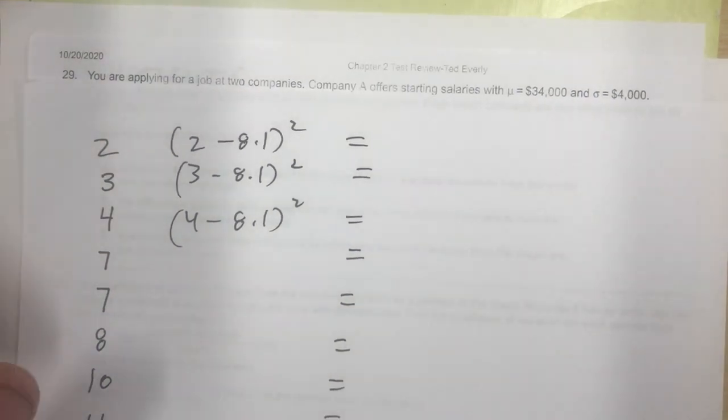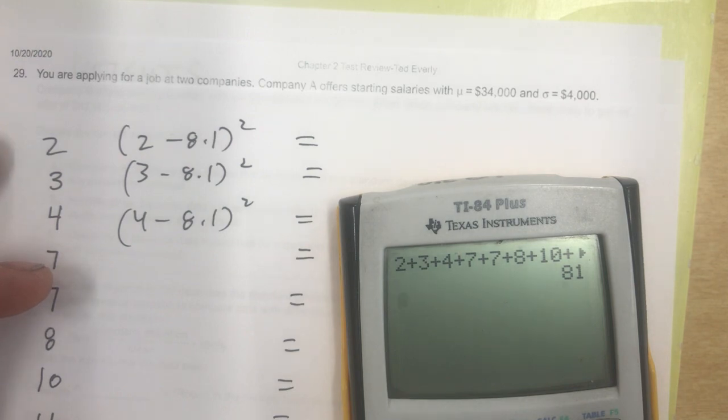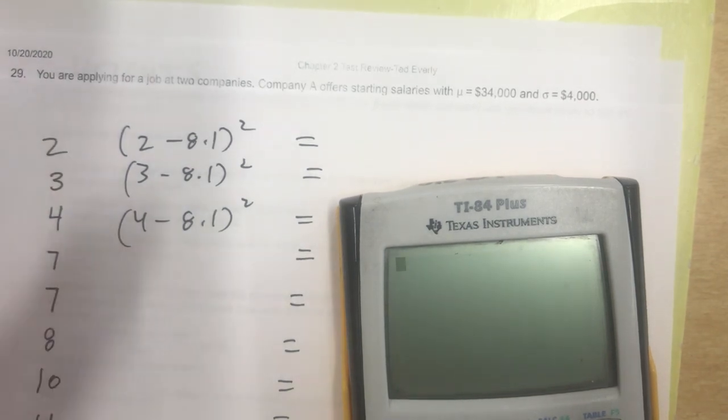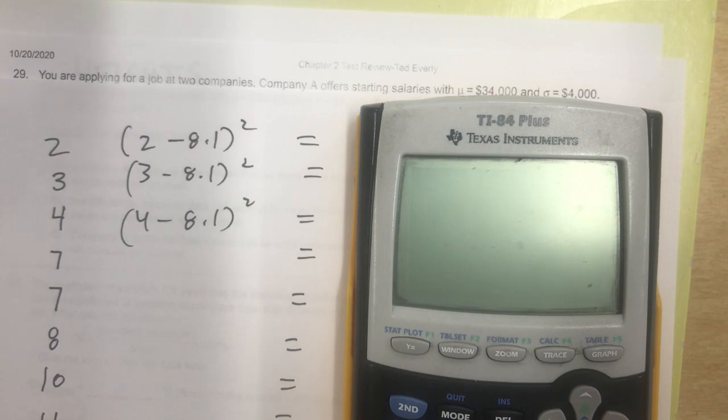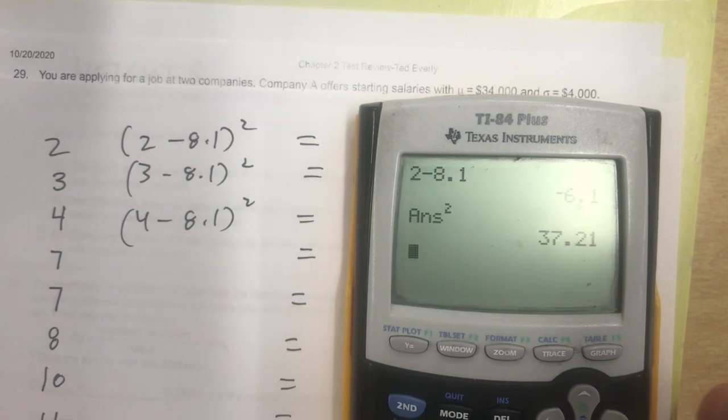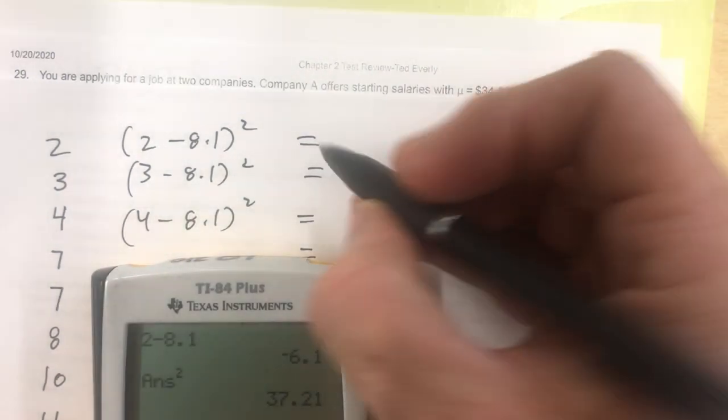Okay, so let's get my calculator here and get busy. 2 minus 8.1 equals, square it, equals 37.21.